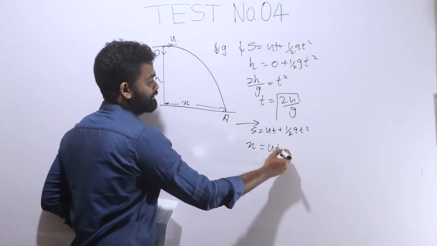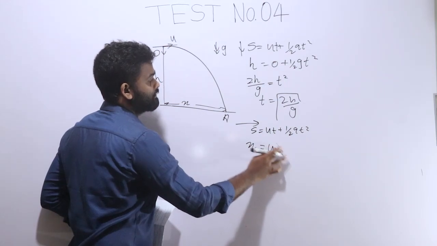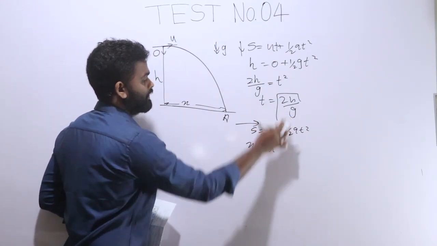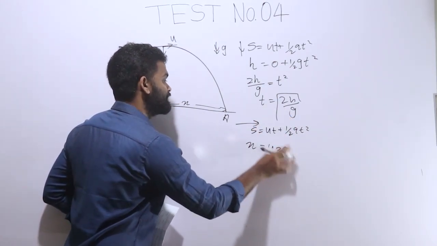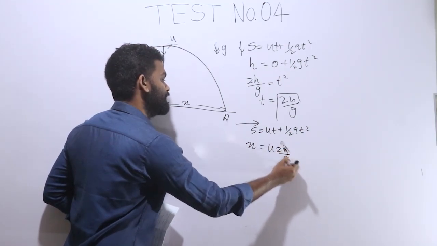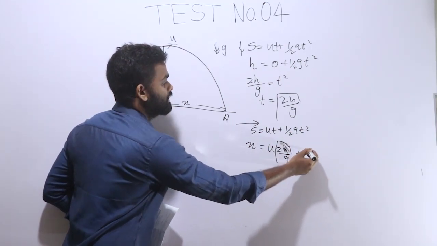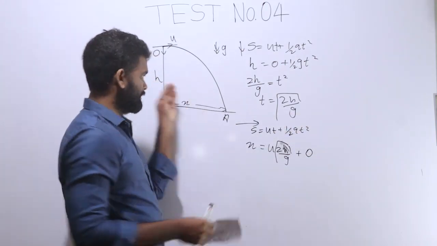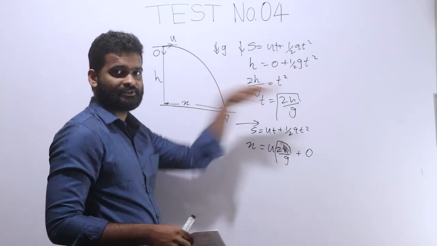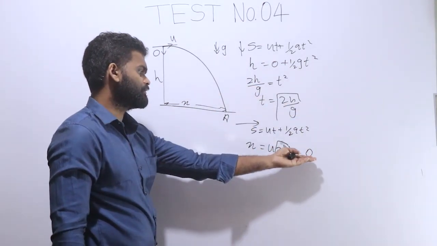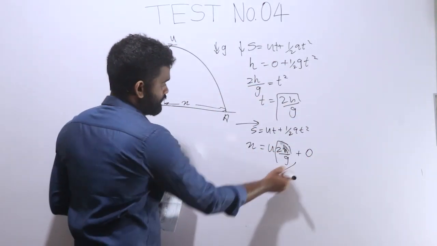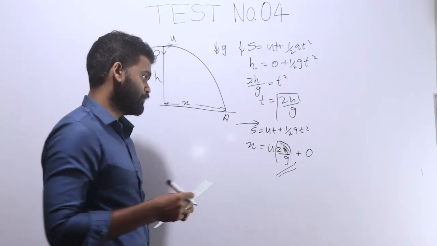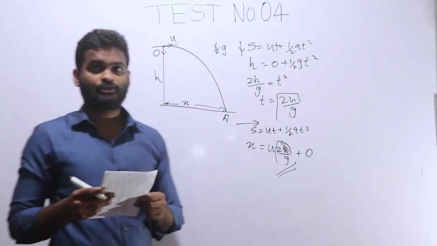Time t: I'll substitute with what we just found here, the square root of 2h divided by g, plus, there's no acceleration horizontally, right? I mean, there's no force acting on the object in the horizontal direction. So there's no acceleration, so it is 0. So the answer should be u times the square root of 2h divided by g.